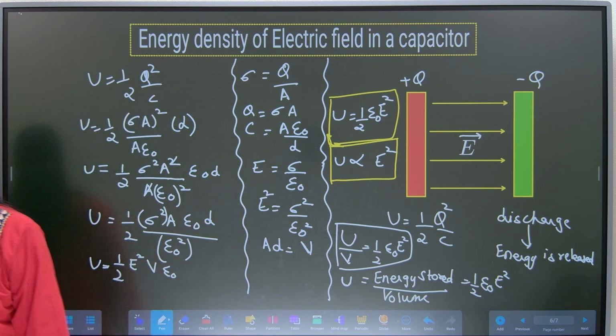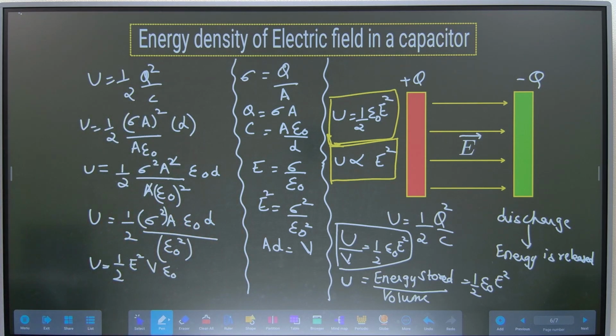Fine. At present, take a pic of what we had derived just now. And keep watching the video such that we go to the next page to write quick formulas to remember for your JEE NEET preparation. Fine.